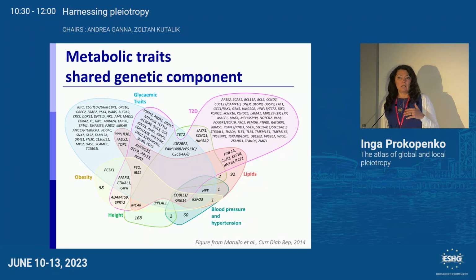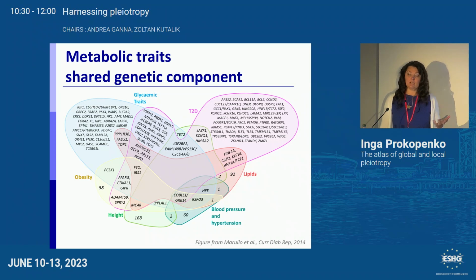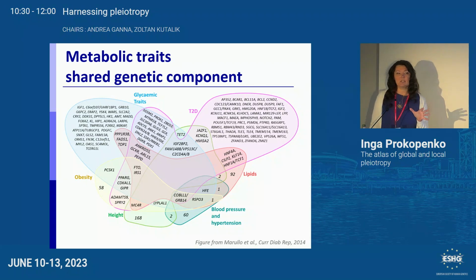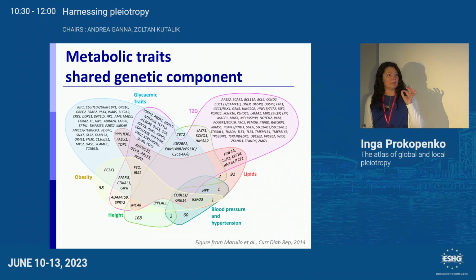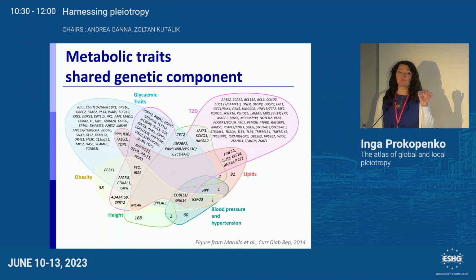Now, let's look wider at metabolic traits and how they share associated loci. Here, loci, as in the previous slide, are named by the closest gene.